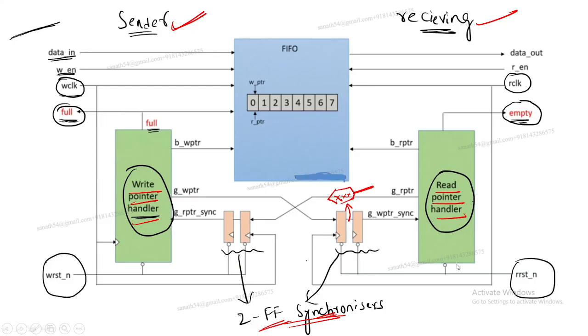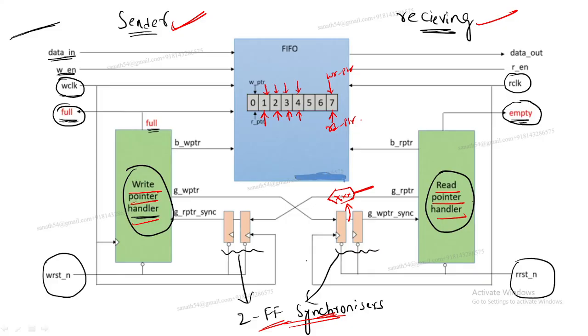Every time data is written, the write pointer will be incremented. And when data is read by the read pointer, every time the data is read, the read pointer will be incremented. So when is the FIFO full? Full is when write pointer equals read pointer.